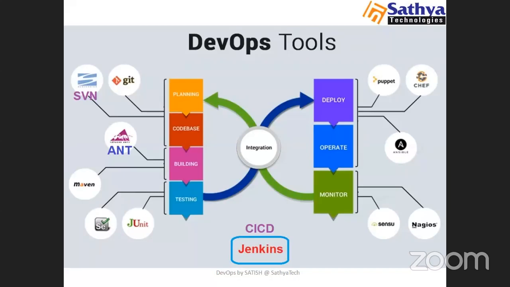Next, you'll get Puppet, Chef, and Ansible. What are Puppet, Chef, and Ansible? They are configuration management tools.